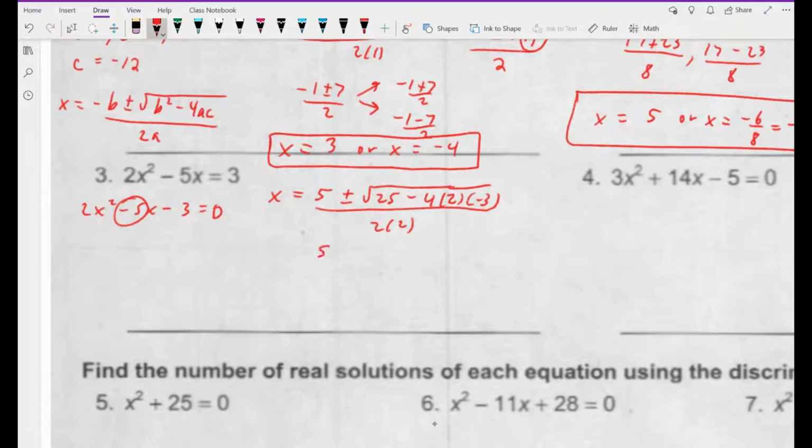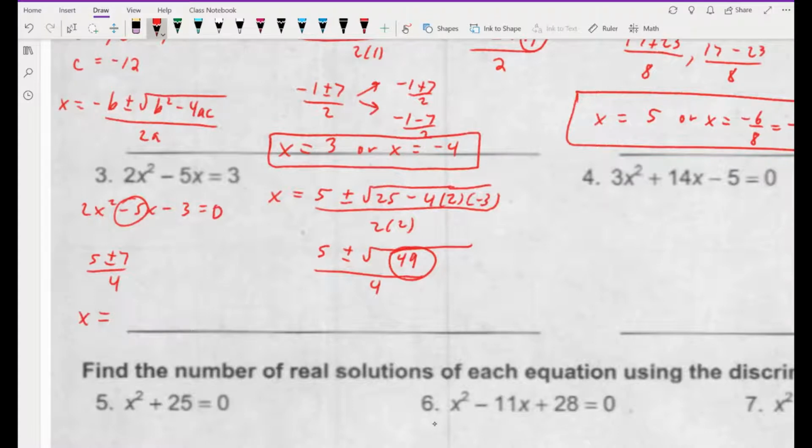So we get 5 plus or minus the square root. Now 25 plus 24 inside the square root will give us 49, all over 4. The square root of 49 we know is 7. So we have 5 plus or minus 7 over 4.